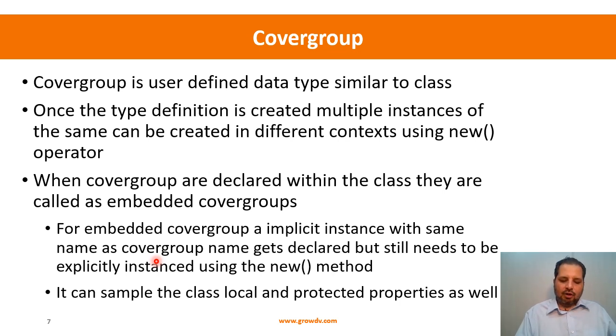Let's say I have declared reg cg as the name of the cover group, then one handle, reg cg, will be created automatically, and you just need to new that particular handle. When we go further and you see the examples, this point will become clear. However, you can declare more handles of that particular cover group, because it only declares one, right? So you can declare more of them, and you can new them and use them.